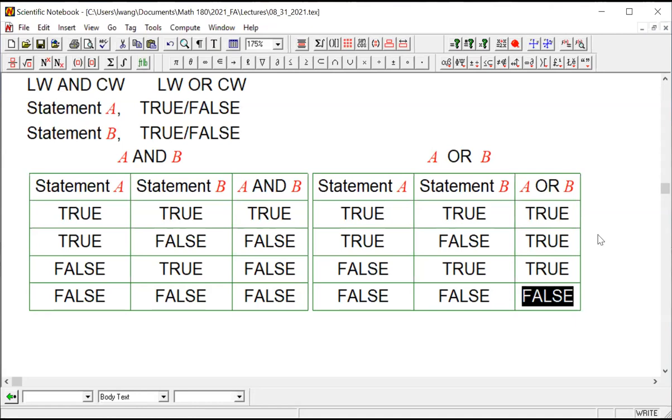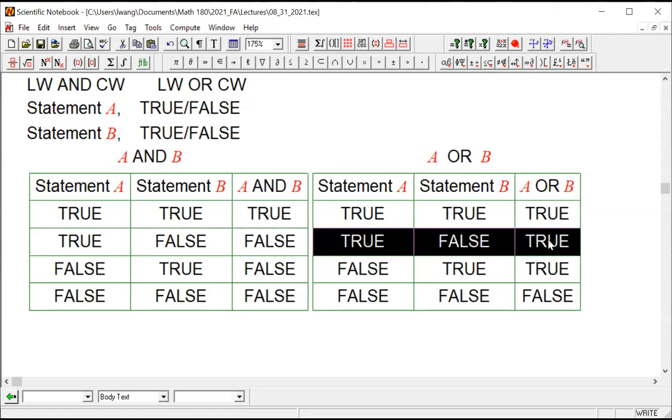Truth table. Any questions? Yeah, I have a question. Can you just explain again the true or false is true situation? True or false is true. Do you mean this one? Yes.